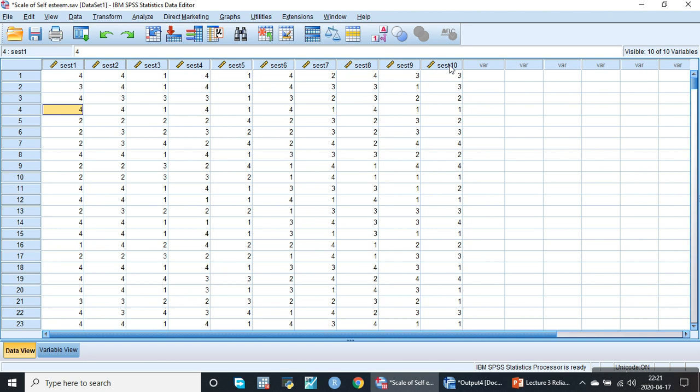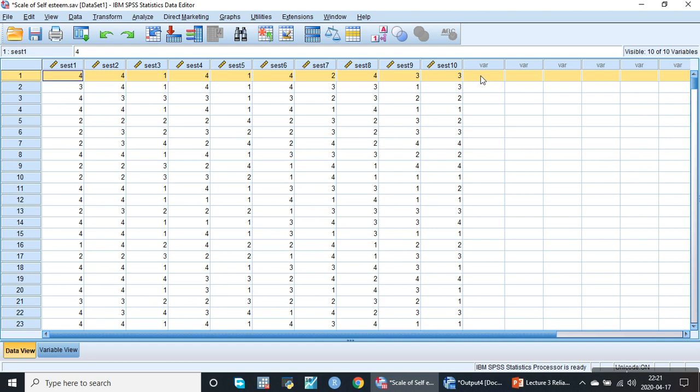So what is the treatment? First we will calculate the mean value for all of the 436 observations. For example, the mean value for the first row will be that we will sum all the values of the 10 items and then divide it by 10, because average is always equal to the sum of observations divided by the number of observations.